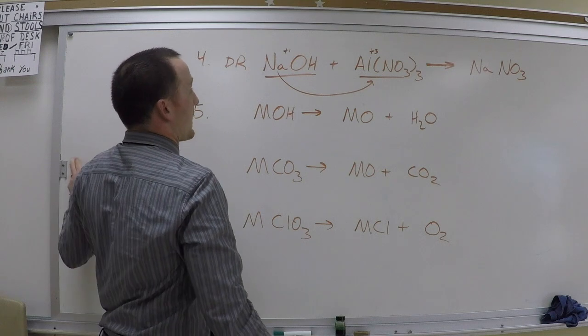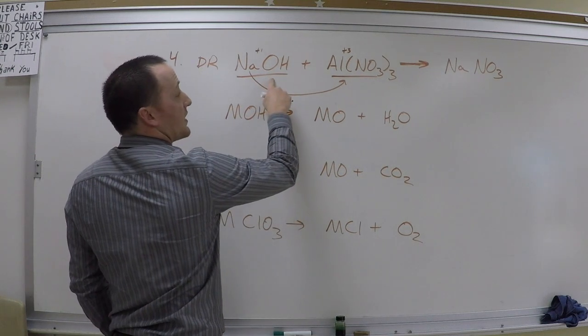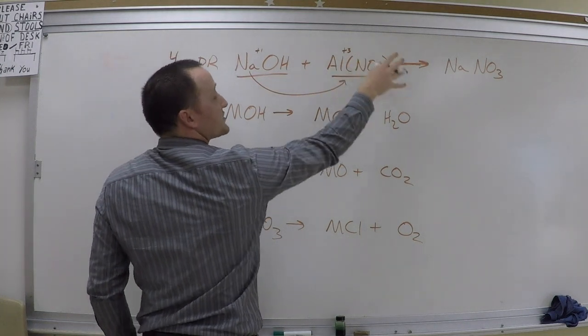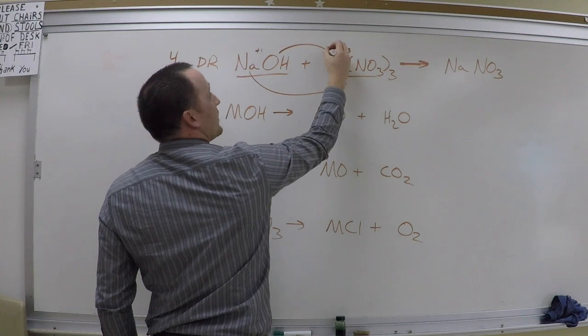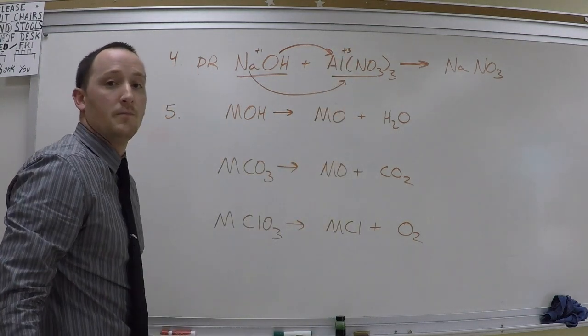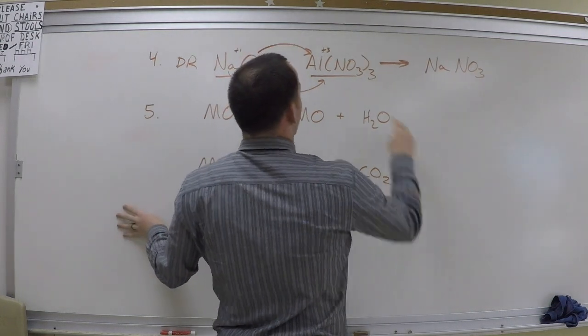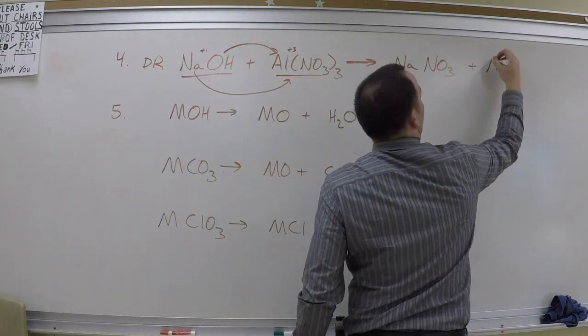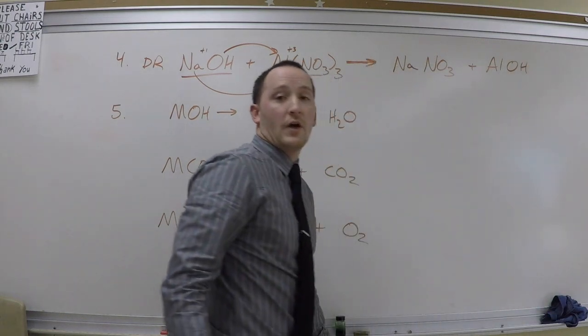Then the same thing's going to happen with my hydroxide. So aluminum just got kicked out, so it's by itself. So now this hydroxide is going to pair up with this aluminum. So you notice how they're kind of flip-flopping partners, and so we're going to have aluminum going with hydroxide.